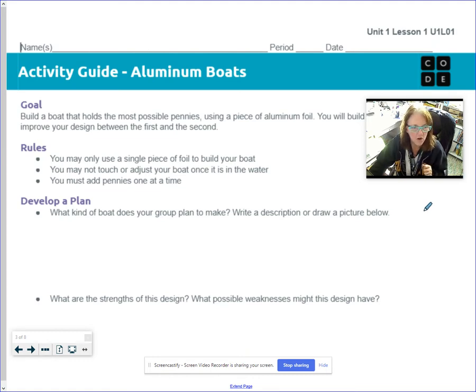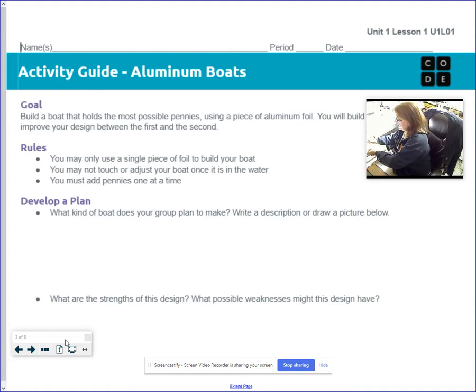When you get your group, you are going to write out what kind of boat you are going to make and write a description or draw a picture. I need everyone in your group to agree on what you're going to write here and then answer this question as well. When you show me that everyone in your group has this written down, then I will give you your foil, and you'll start building.